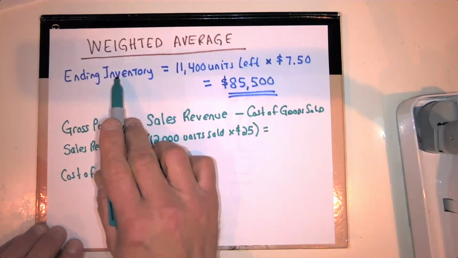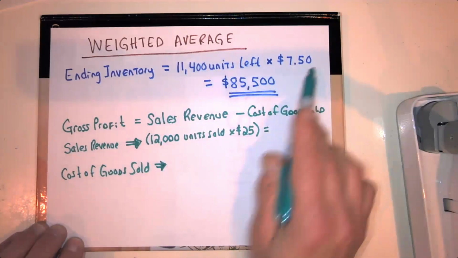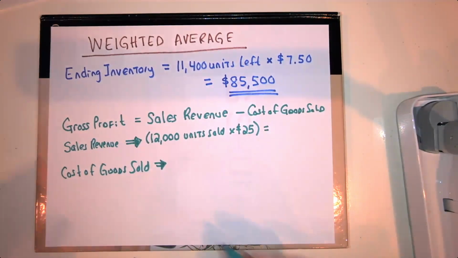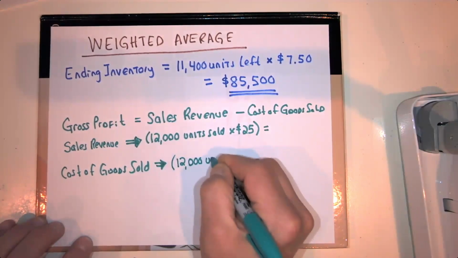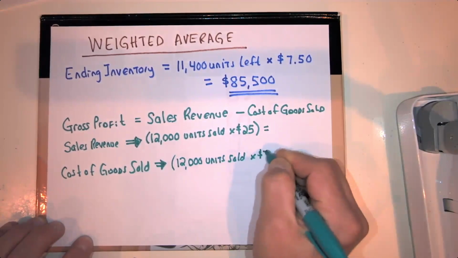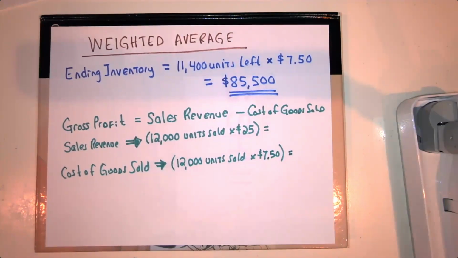To get the ending inventory, she took the units that we didn't sell times the weighted average cost per unit. So to get our cost of goods sold, we'll take what we did sell, 12,000 units, times the weighted average cost per unit of $7.50.